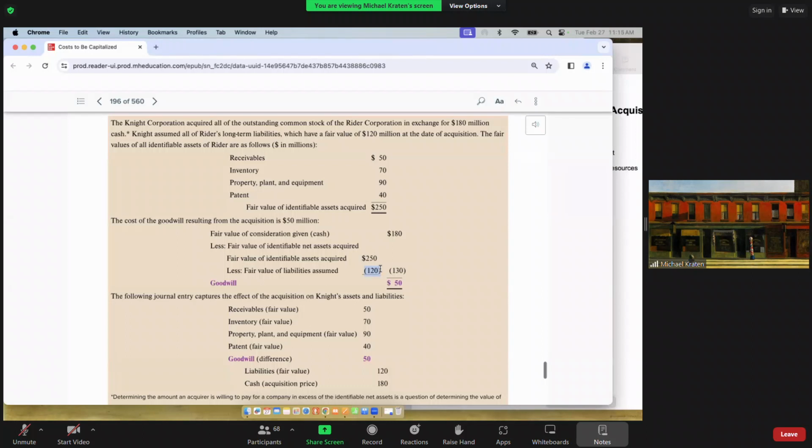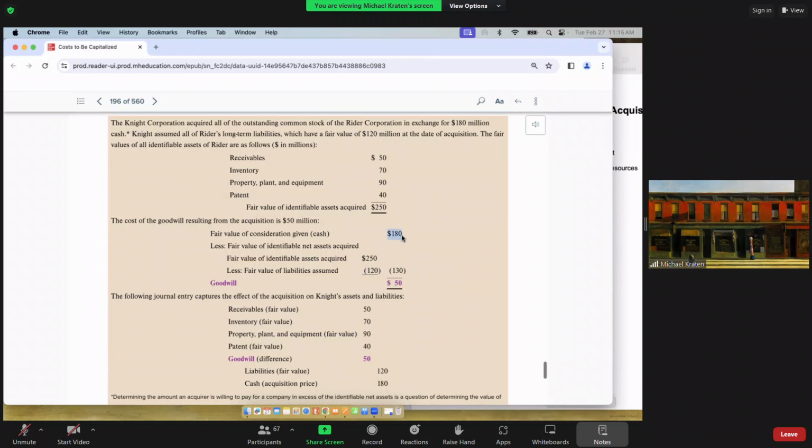So that's 120. Well, if I am acquiring 250 of assets and 120 of liabilities, the value of the overall company I'm acquiring is 250 minus 120 equals 130.